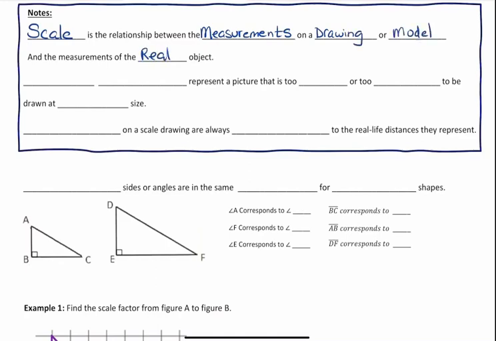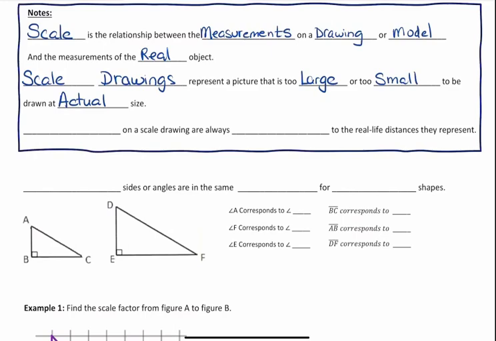All right, so the first thing here is a scale is the relationship between measurements on a drawing or a model and the measurement of the real object. And scale drawings represent a picture that is too large or too small to be drawn at the actual size.